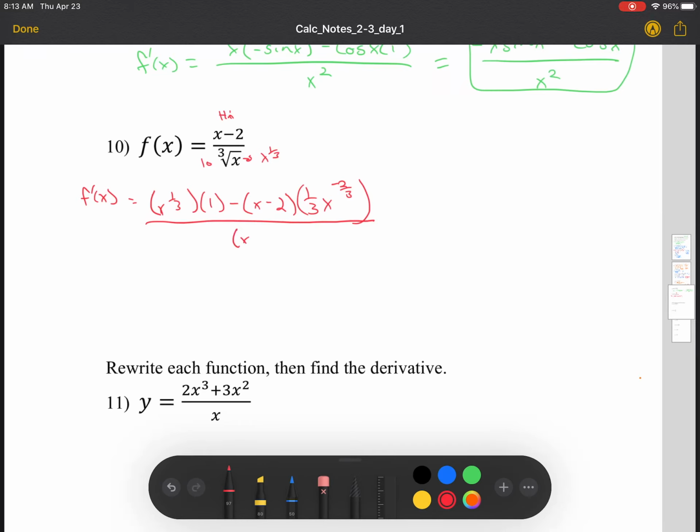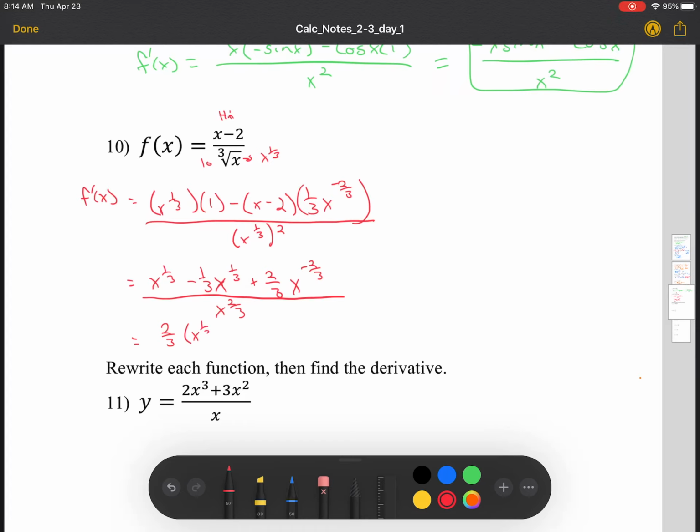Oops, actually, look what I forgot. I forgot to put this all over your x to the 1/3 squared. All right, so next line now. x to the 1/3 minus 1/3 x to the 1/3 plus 2/3 x to the negative 2/3 all over x to the 2/3.